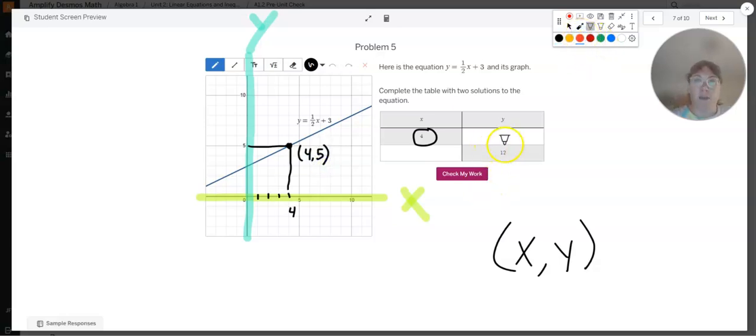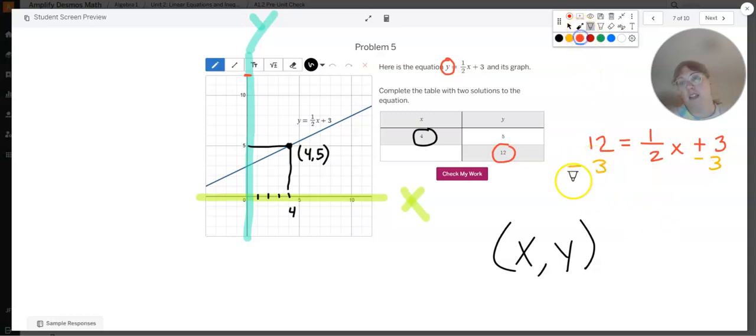Now if we did that again, if we know our y is 12, 12 is all the way up here. But we don't know what the x value is because it does not go that far over. Well, we can take 12 and plug it in for y into our equation. So we get 12 equals 1/2 x plus 3. We could subtract 3 on both sides. 12 minus 3 is 9 equals 1/2 x.